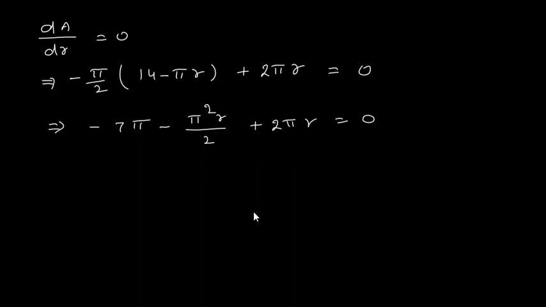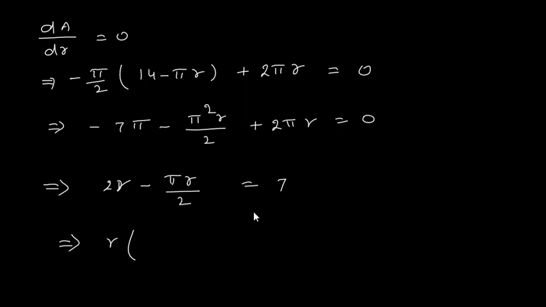So pi is common, I will cancel pi and I will get 2r minus pi r upon 2 equals 7. 7 I will move to the right hand side. Further simplification: I will take r common.